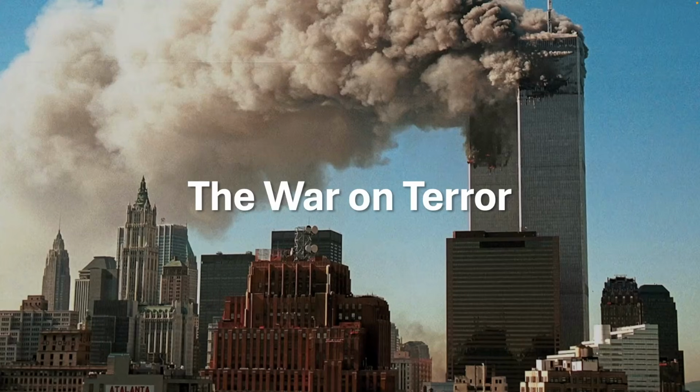Now, ultimately, on the 11th of September 2001, the world will witness a series of 4 coordinated Islamist terrorist attacks against the United States. The attacks were carried out by the organization known as Al-Qaeda, and a total of 19 terrorists would hijack 4 commercial airliners.